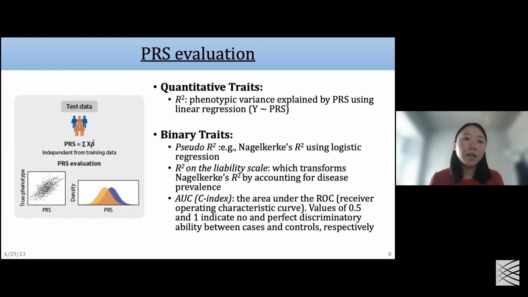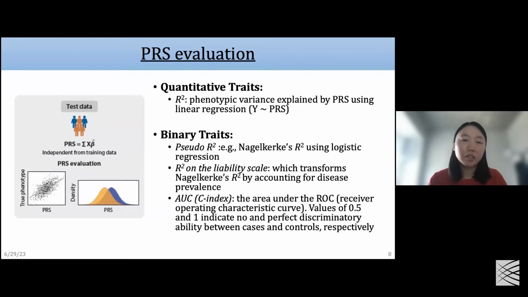To evaluate the performance in the test sets, there are quite a few different metrics. For quantitative traits, it is quite intuitive. We usually use the R-square from the linear regression. But for binary traits, there is no such R-square.